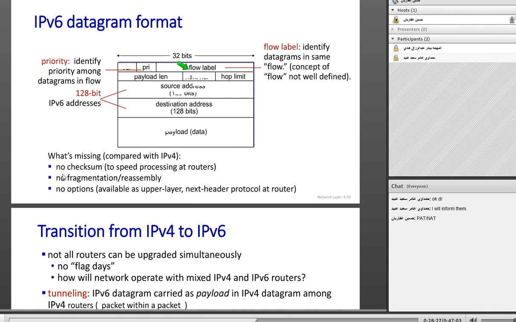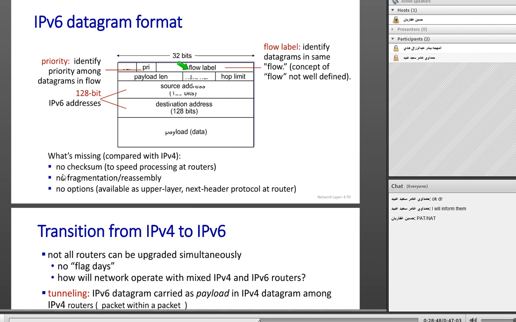And also, as I said, when I'm checking the flow label, it shows me that this flow label belongs to flow X and its requirements are something like this.